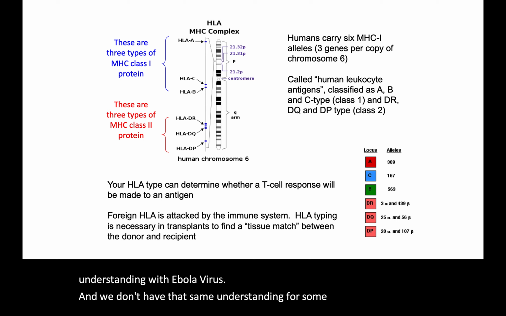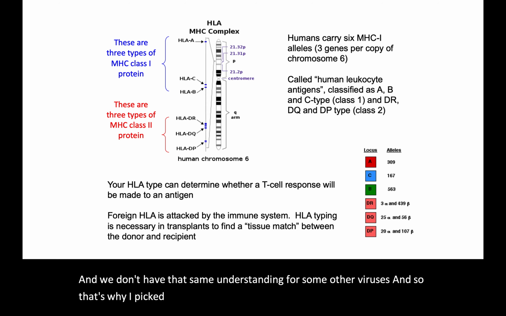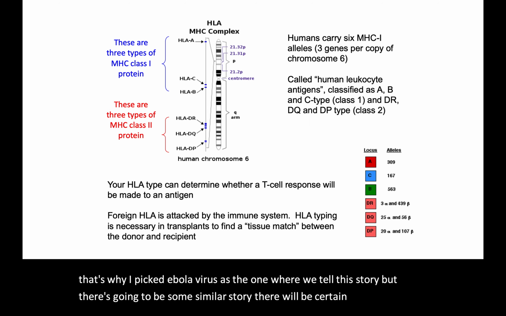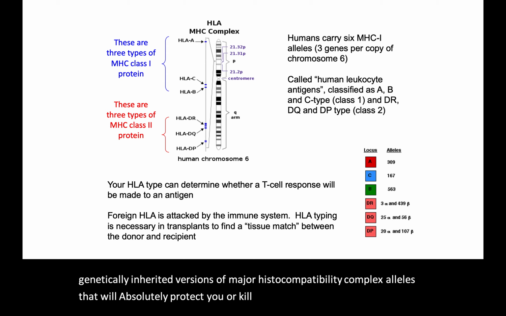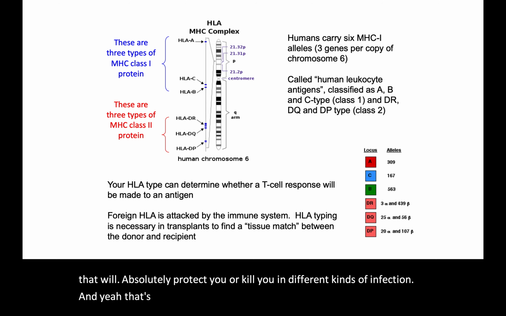And so that's why I picked Ebola virus as the one where we tell this story. But there's going to be some similar story. There'll be certain genetically inherited versions of major histocompatibility complex alleles that will absolutely protect you or kill you in different kinds of infection. And that's just genetics and the luck of the draw, right?